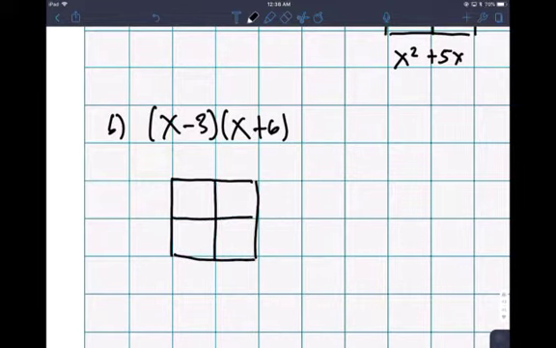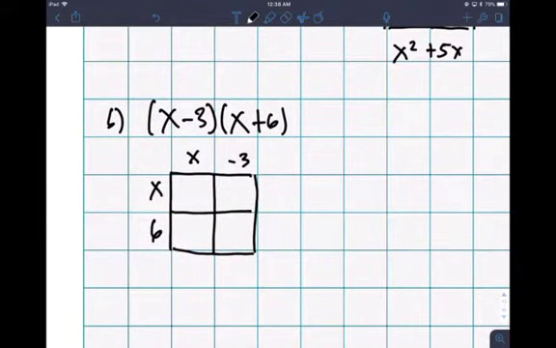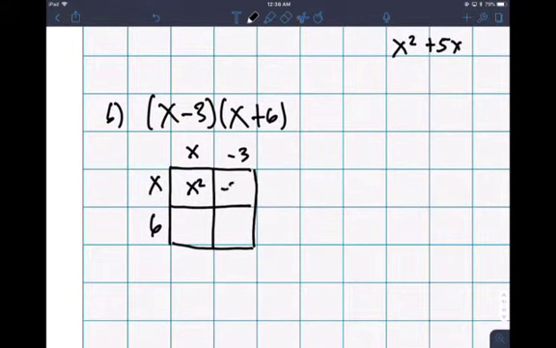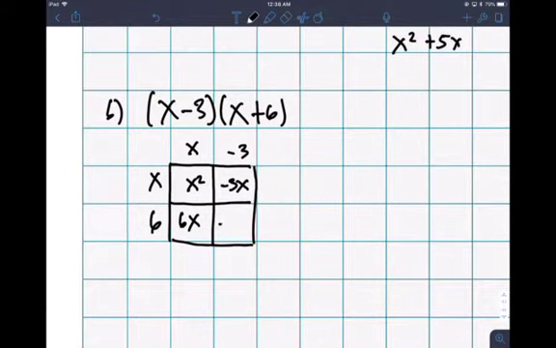I'm going to put x minus 3 on the top. That means that on the side will be x plus 6. And then one box at a time. x times x is x squared. x times negative 3 is negative 3x. x times 6 is 6x. And 6 times negative 3 is going to be negative 18. So notice that my area will be x squared minus 3x plus 6x minus 18.